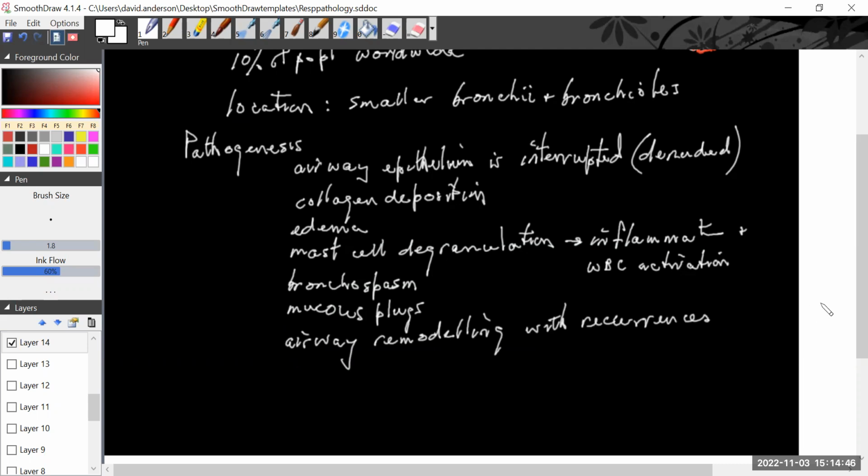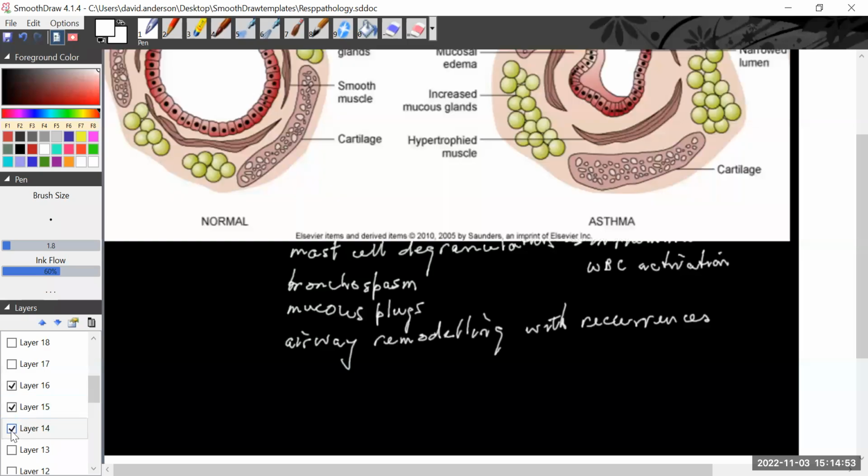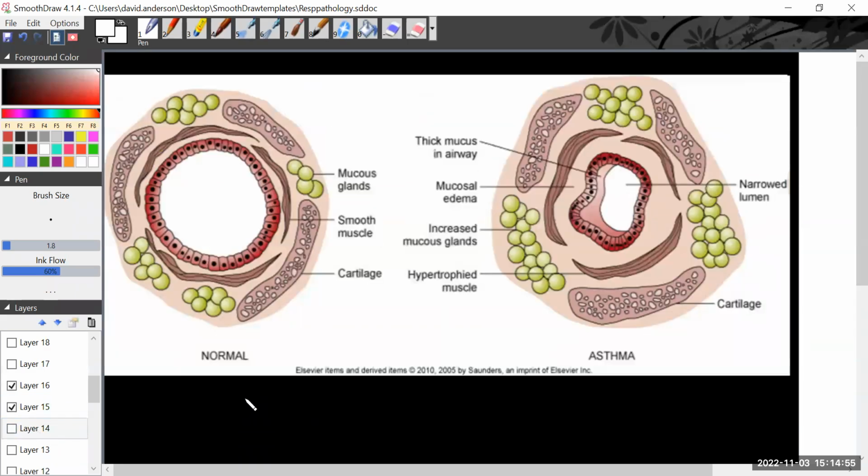Now I've got a picture to show you that'll illustrate a little bit about what we've been talking about. Here on the left of your screen, we're looking at a normal arrangement of the airway.